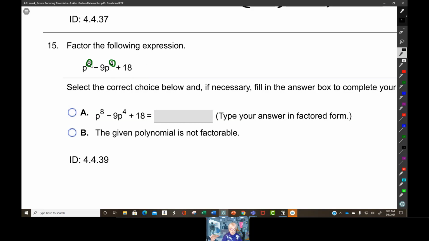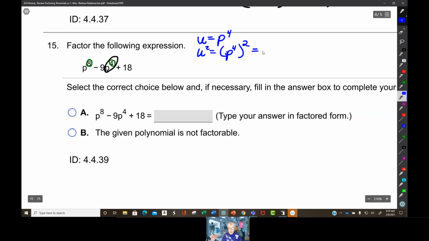Okay. Now, here we have a smaller power. It's the p to the fourth that's going to equal u. Okay? So u equals p to the fourth, and u squared equals p to the fourth squared, which is 4 times 2 is 8, so p to the 8.